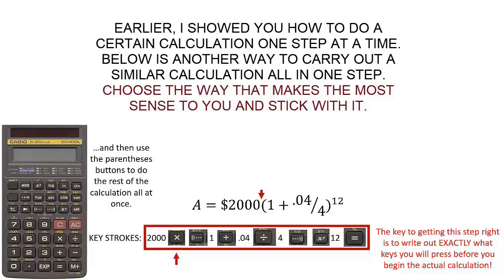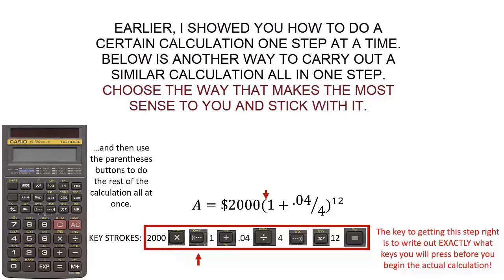If you go ahead and write down times before you start typing it in, you're less likely to forget to press the multiplication key. If you don't press that multiplication key, you're not going to get the right answer. So even though there's no multiplication symbol in the original formula, when you write a number next to a left paren, that's implied multiplication. So it might be a good idea to actually write that out.